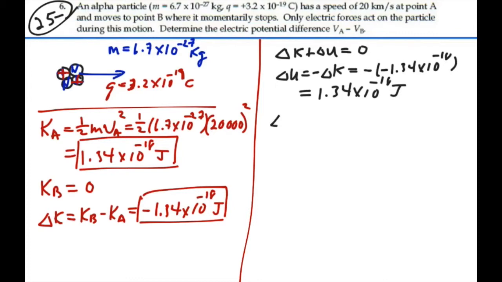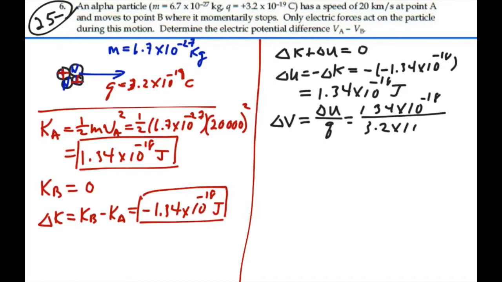Our change in voltage, our change in potential, will equal our change in potential energy divided by the charge. So that's going to be 1.34 times 10 to the minus 18 joules divided by 3.2 times 10 to the minus 19 coulombs.